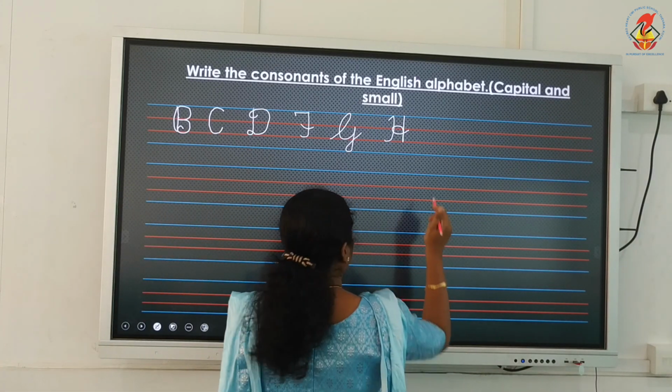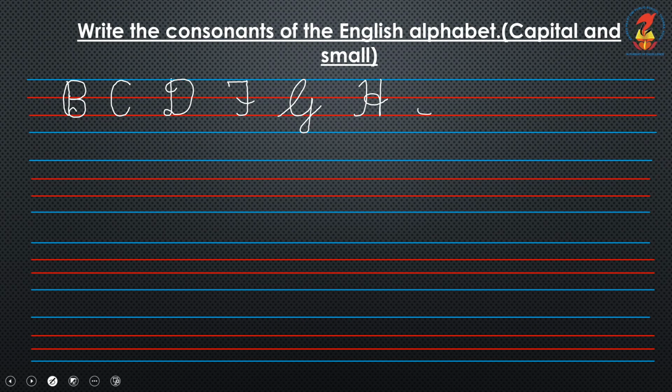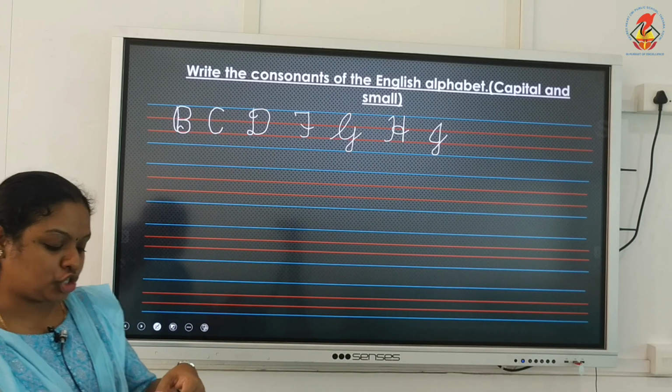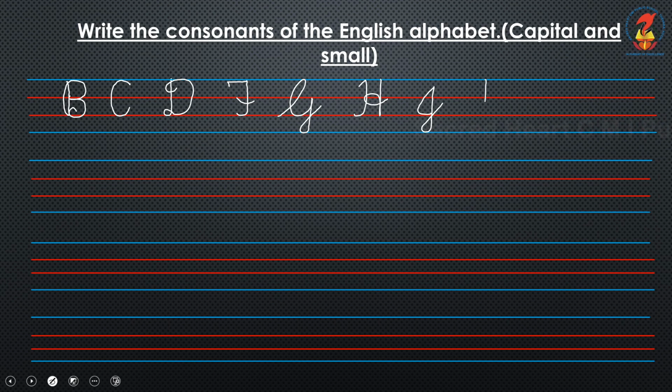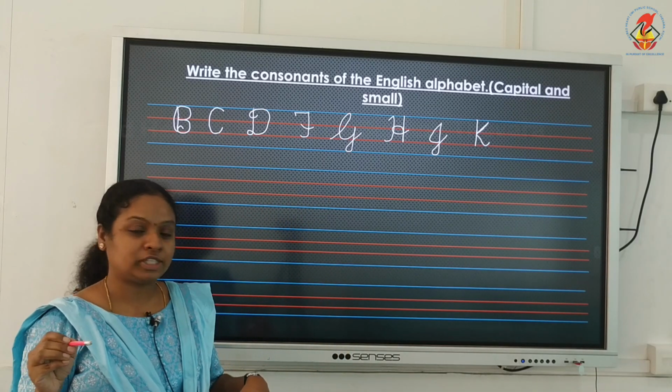Okay. Write J. J. So after J, K. K. So after K children, which letter children?